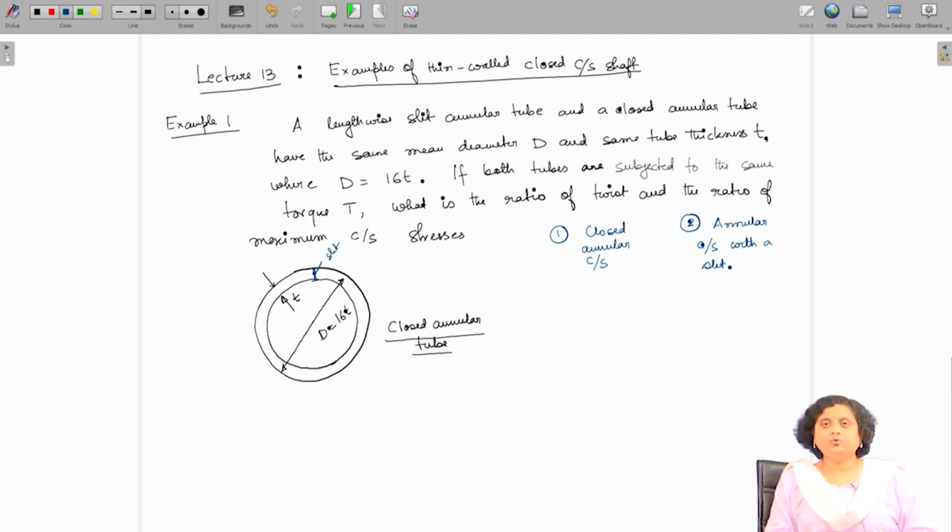Now, we need to find the ratio of the angle of twist for both these cases and the maximum shear stress for both these cases. If theta C is the angle of twist, or rate of angle of twist, whichever way, both will eventually be similar, and theta S is the angle of twist here.